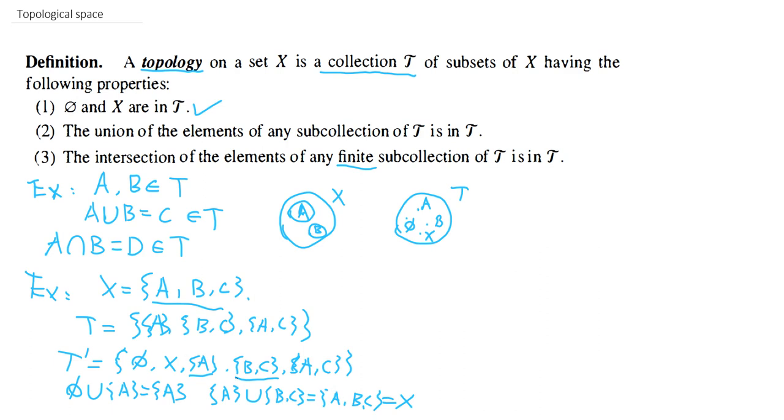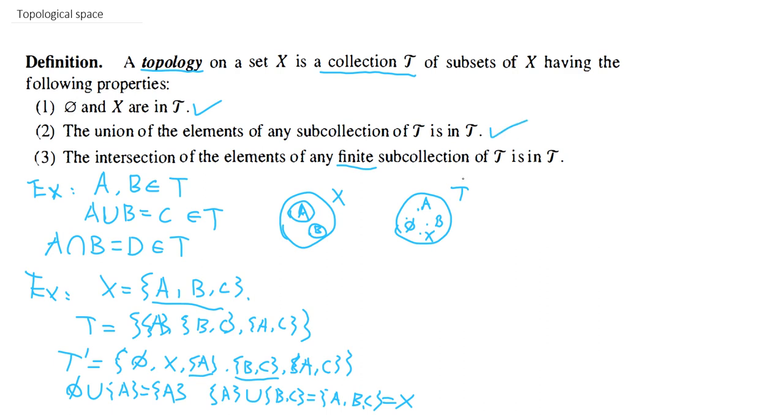And I think if we check all the possible combinations, possible unions, then we can always get a result that is an element of T prime. So the second property should be satisfied.